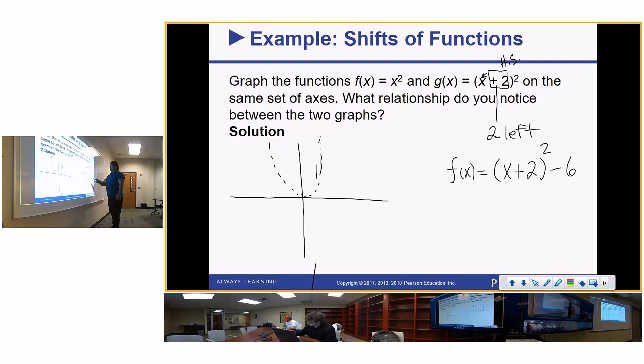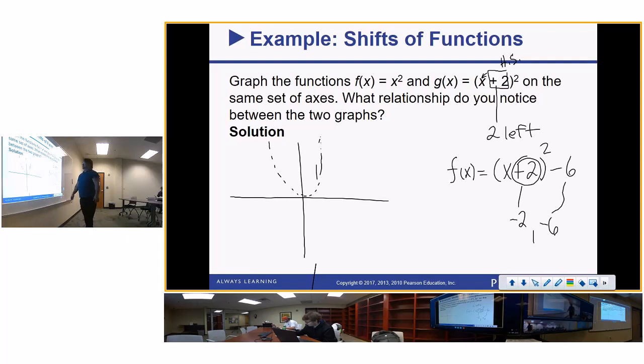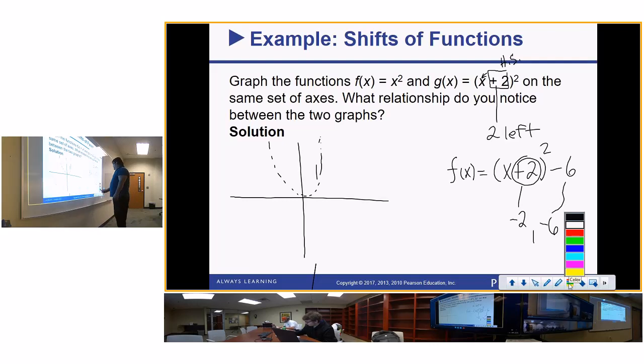What I tell you to do, this is the opposite, and you bring this down. Or, if this is on the other side, you take the opposite of both. Remember me telling you that? Okay, so now, this guy has a horizontal shift of 2 to the left.